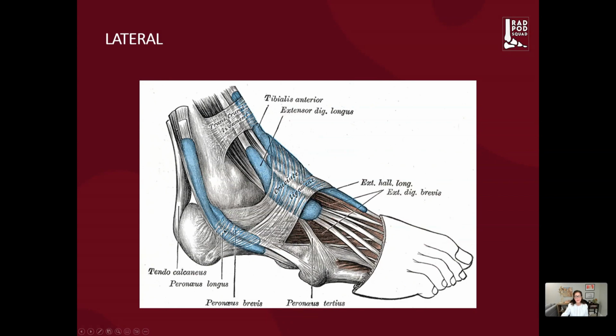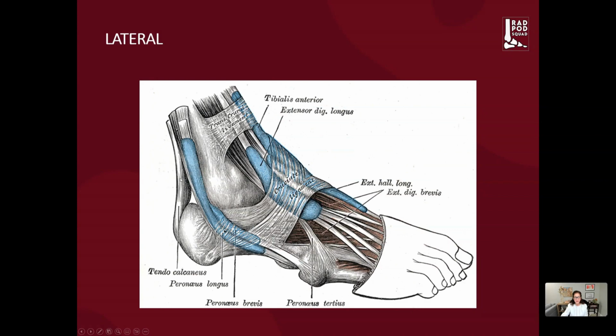Our peroneal tendons, furthermore, are restrained from moving off of the lateral malleolus by bands that keep them attached through the superior and inferior peroneal retinacula. And furthermore, there are superior and inferior extensor retinacula that further restrain the extensor tendons from sliding anteriorly.